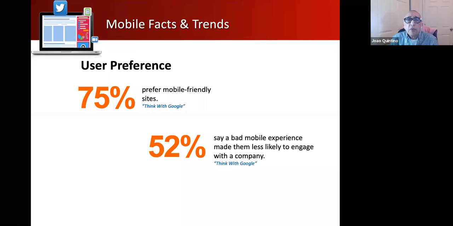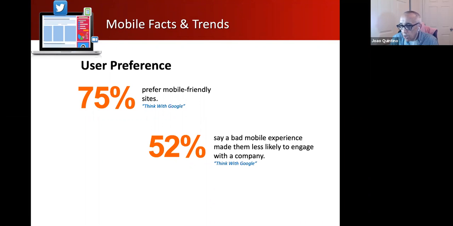So if you have a bad experience on mobile devices, you probably don't engage with that company. If they don't have a website that's mobile friendly, and you know that it's not mobile friendly, you don't even go there. But if you try to access and you look at that website on your smartphone and it's not easy to navigate, you're just going to exit without visiting any other page.